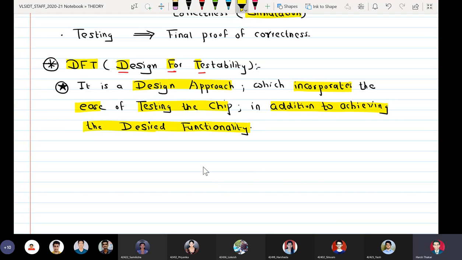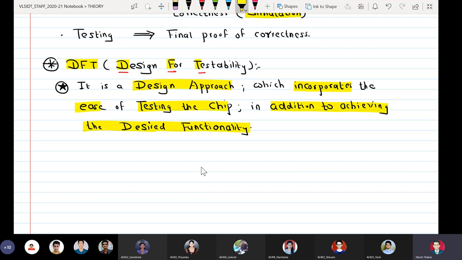That is why initially when the chips were very small, say small scale integration or medium scale integration, at that time the design was only focused at achieving the functionality. But as and when the ICs have become more and more complex and millions and billions of transistors started getting fabricated in a very small area, the designers understood that once the IC is fabricated, it is just not humanly possible to test the chip.